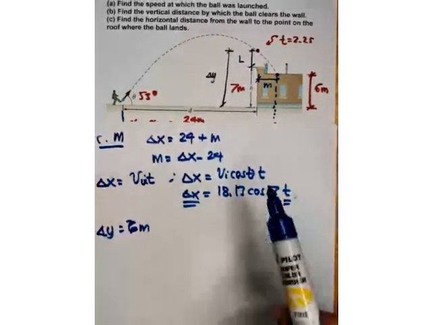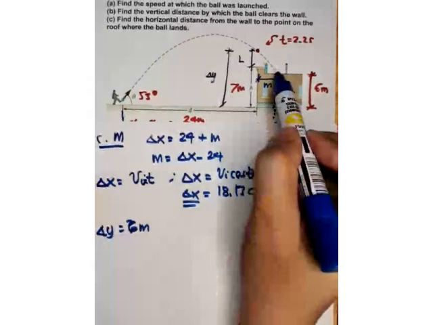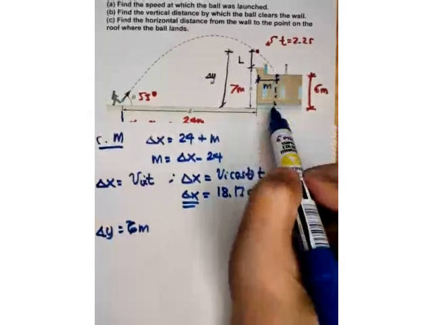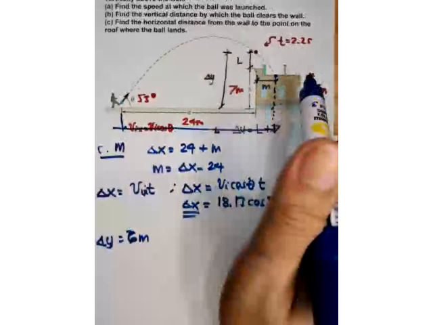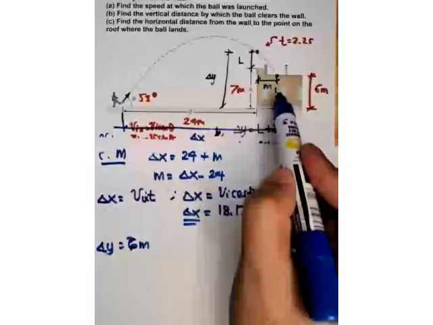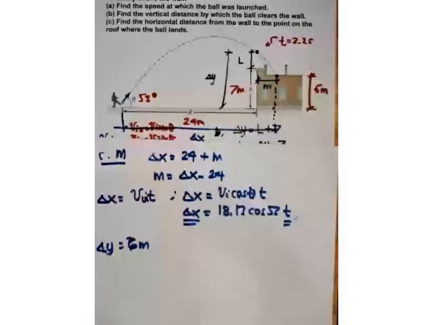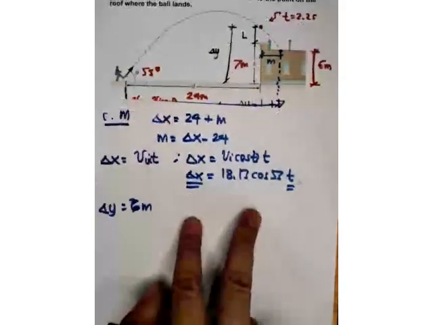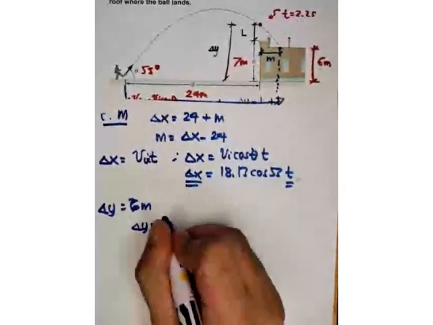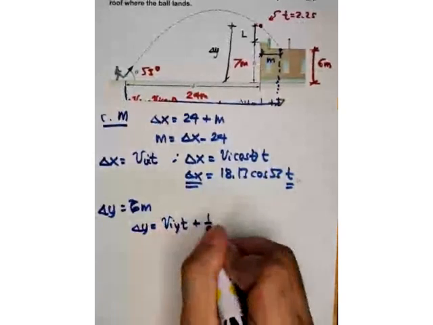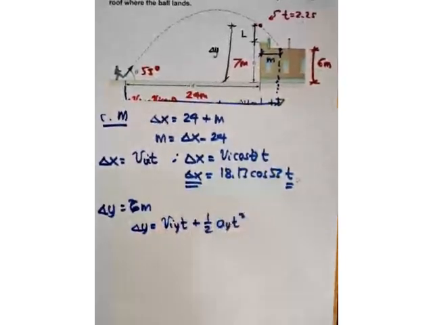Now, what information do we have when talking about delta y? We are given 6 meters of elevation from the reference to here, so the displacement is 6 meters. So let's apply delta y is equal to ViYt plus 1/2 Ayt squared.